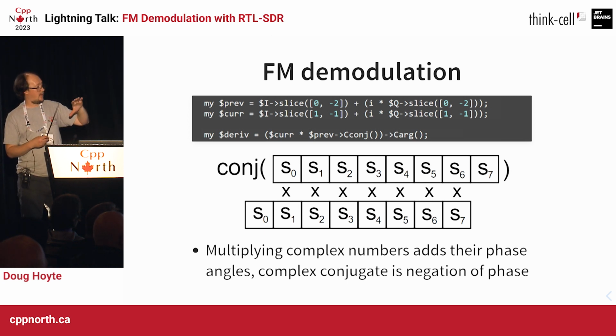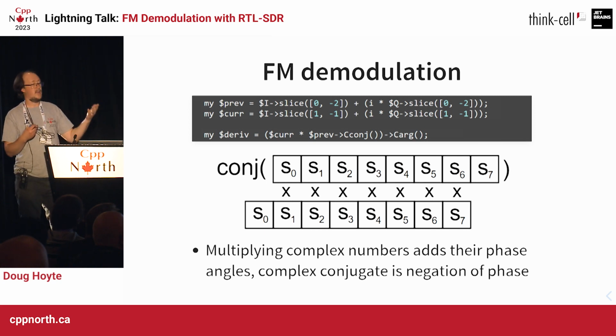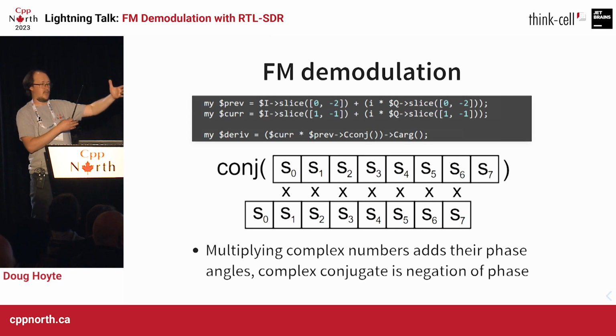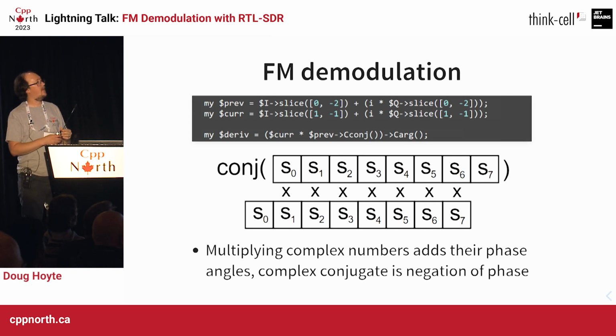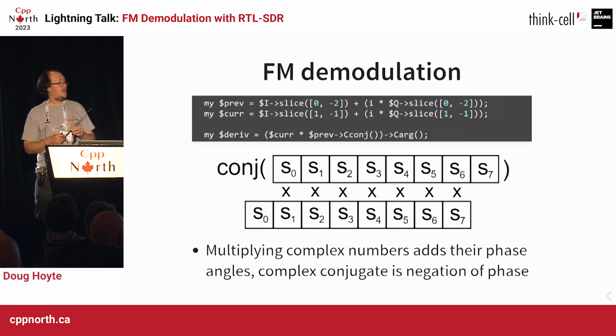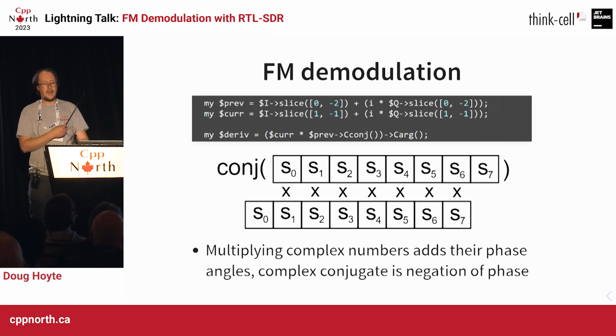And if you take the conjugate, that's like flipping the phasor around, like negating it. So adding the negative, you're subtracting them, right? Then all I do is shift the previous one over one so that you're figuring out the difference between each sample. And then you have the actual difference encoded as the new phase. You extract that with the argument, right?